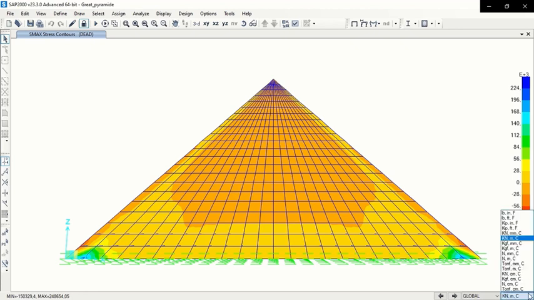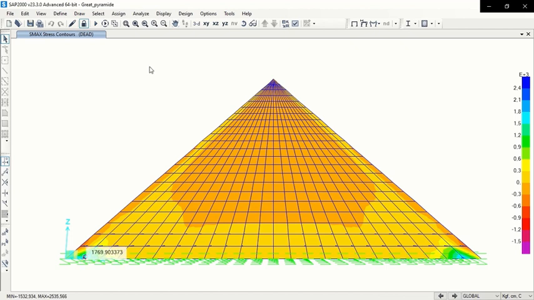I'm going to change the units. Again, compression in most of the structure. And close to the corners, we see an increase of tension and peaks of stress with much higher values, almost close to the limit of the material resistance.